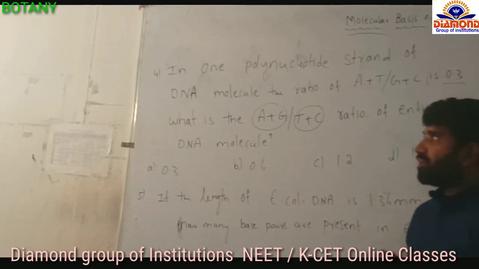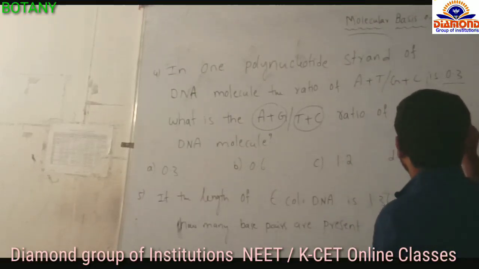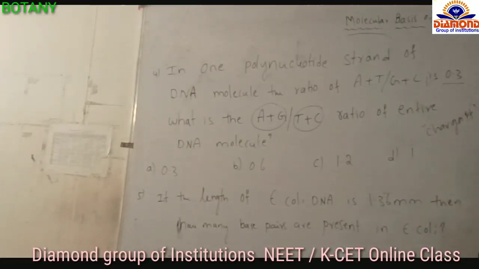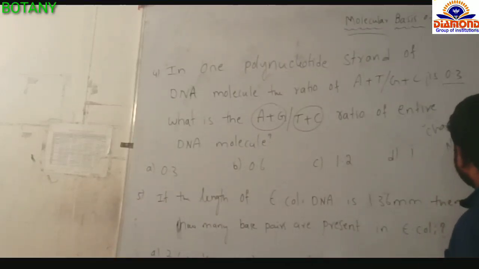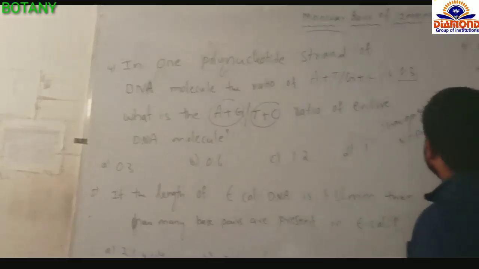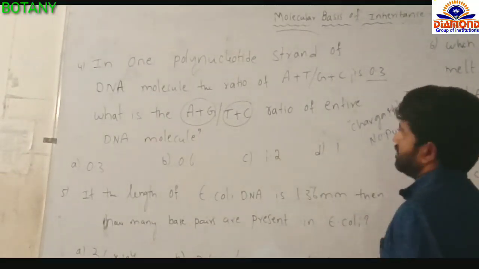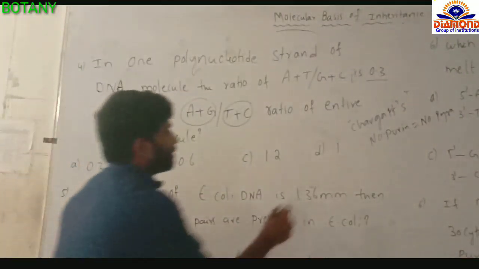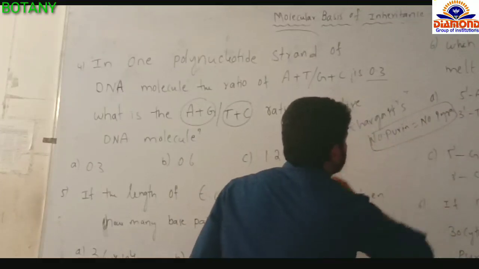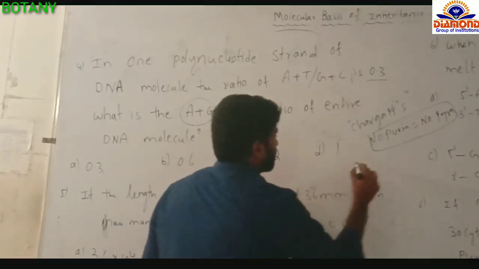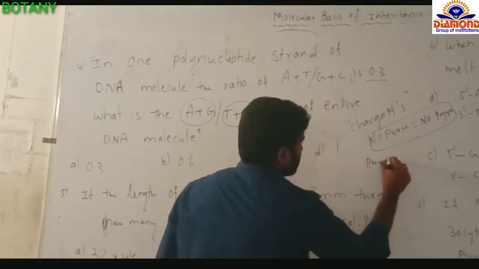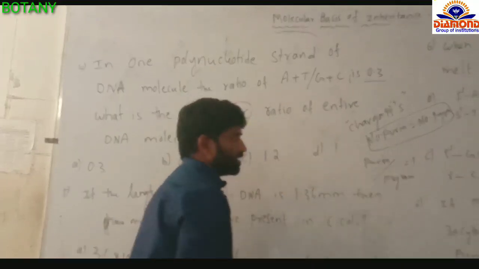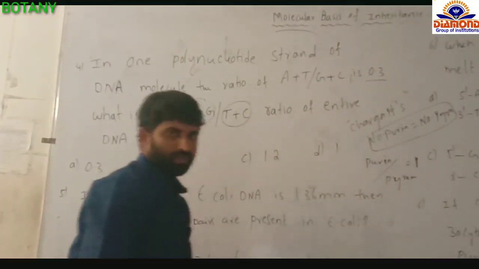So we know the Chargaff rule. He proposed that the number of purines equals the number of pyrimidines. So purines by pyrimidines equals 1, which is constant.